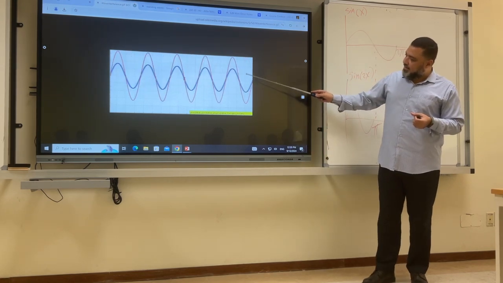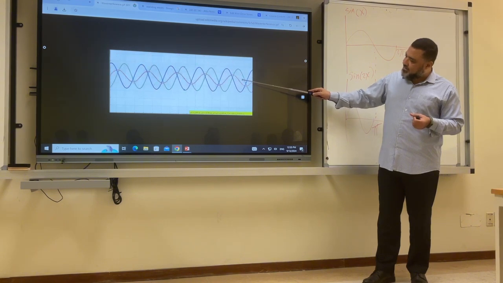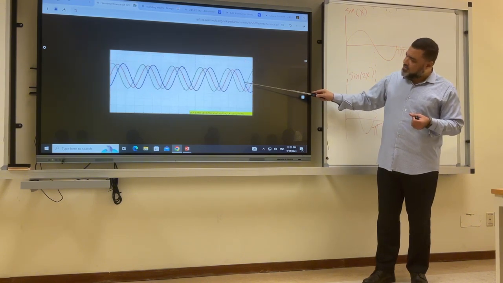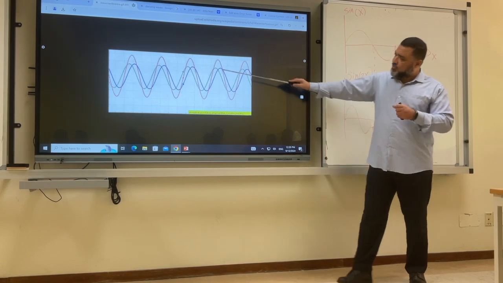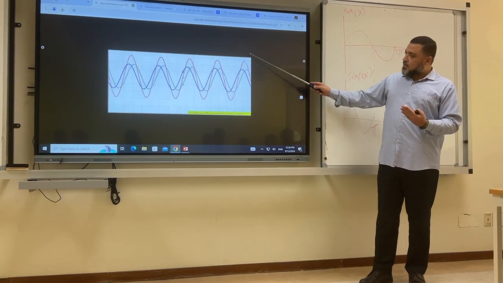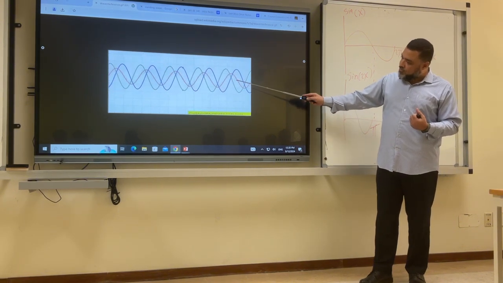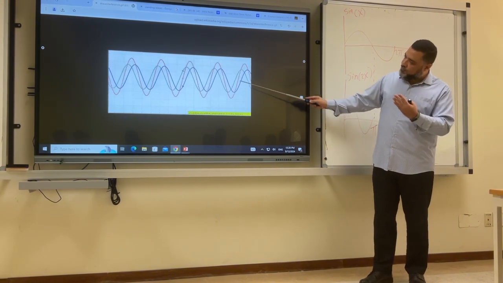If you look at the red signal, we have points called nodes and anti-nodes. The 0 point is always at the same place. The red signal has its 0 point at the same place, and its maximum and minimum at the same place. The formation of the nodes and anti-nodes takes 1 lambda of the traveling wave.